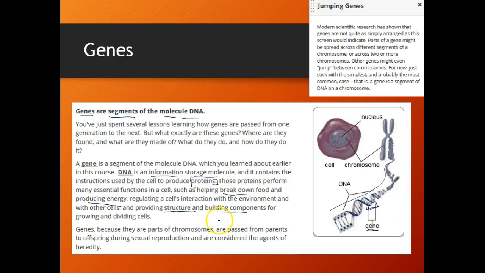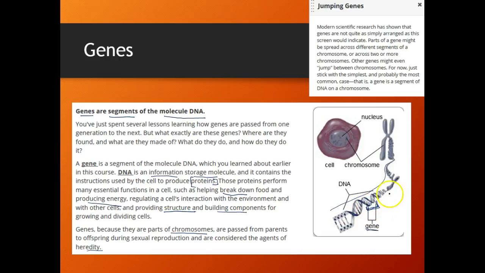So it's extremely important. Genes are part of chromosomes that are passed from parents to offspring during sexual reproduction and are considered the agents of heredity. Okay, one important note, just to make sure you have an accurate view of genes: genes aren't always just one little segment of DNA.